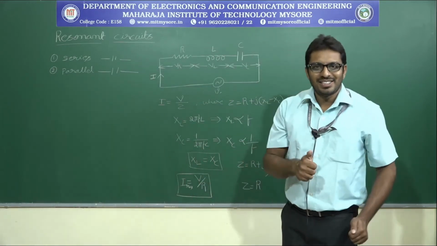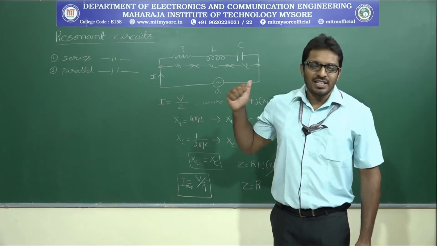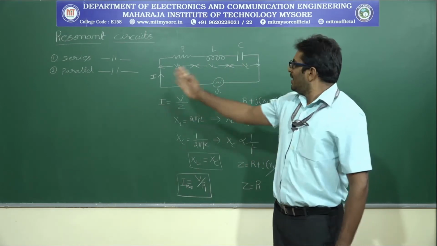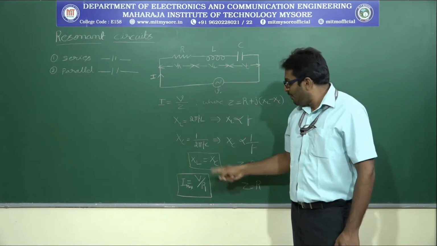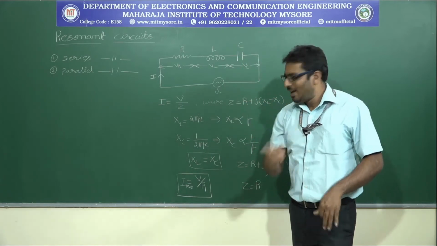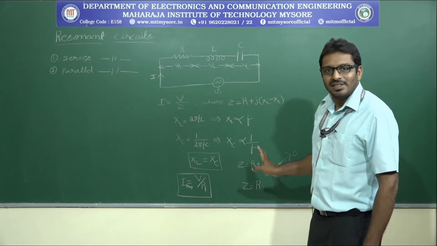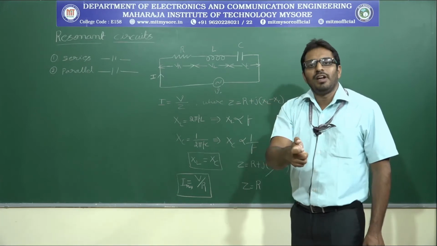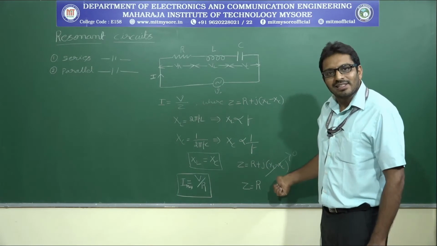What is resonance? It's a phenomenon in the study of AC circuit that consists of R, L, C connected in series across a supply of variable frequency. Then only we can make XL equal to XC. So by varying the frequency, at a particular value of frequency XL becomes equal to XC.